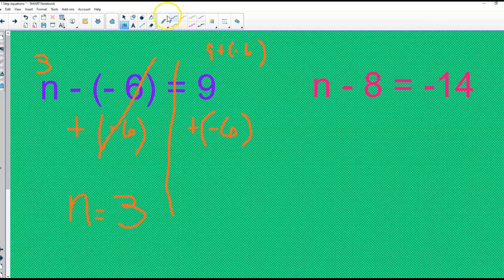Okay? Now, one other thing I want to show you is sometimes people want to get rid of the subtraction. If you are somebody who likes to get rid of that right away, what you could do is change this to addition right away, and we'll still get the same answer. So let me just show you this quickly. Subtraction, really, we can add the opposite here.